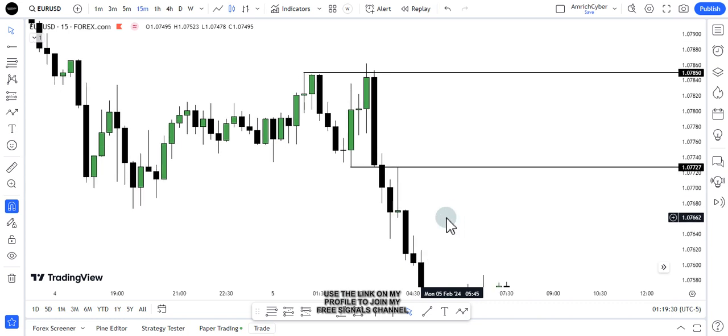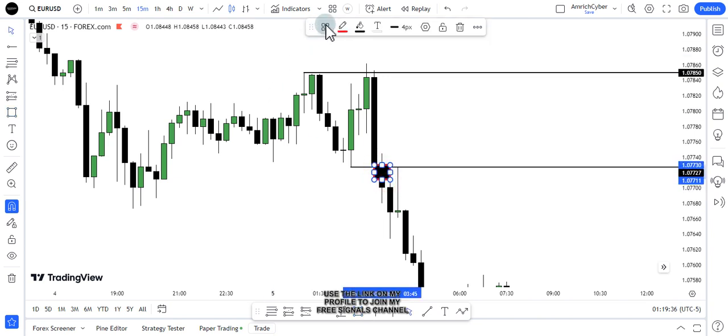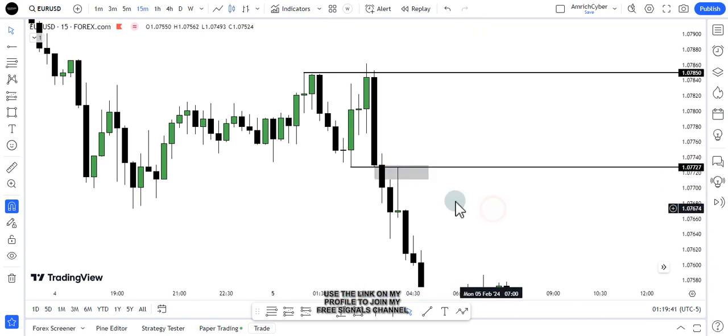And most of the time, the breaker block is very strong when we have a fair value gap around it. And as you can see, we had a fair value gap around the breaker block, and this makes the breaker block very strong.